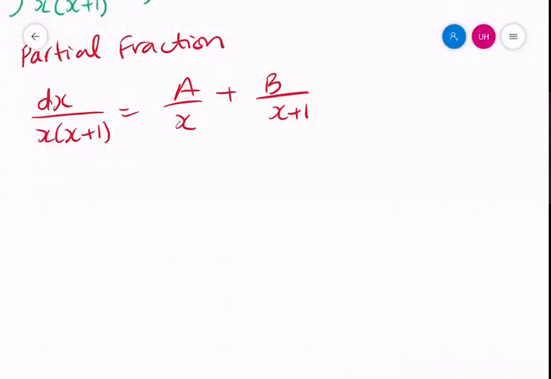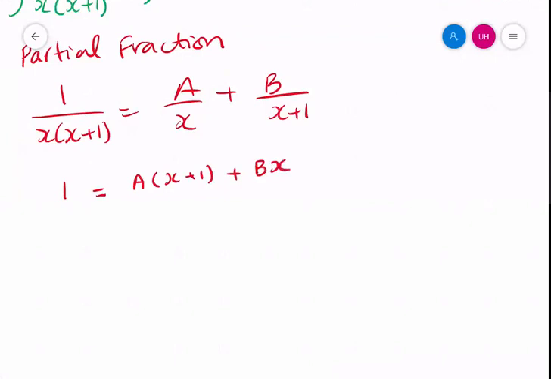The dx here is like multiplied by 1, so I'll just put 1. Then 1 equals a times x plus 1 plus b times x.